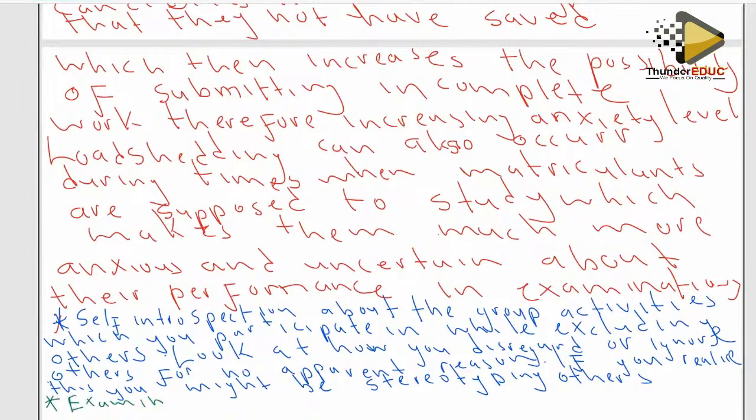Examine your general approach with others.